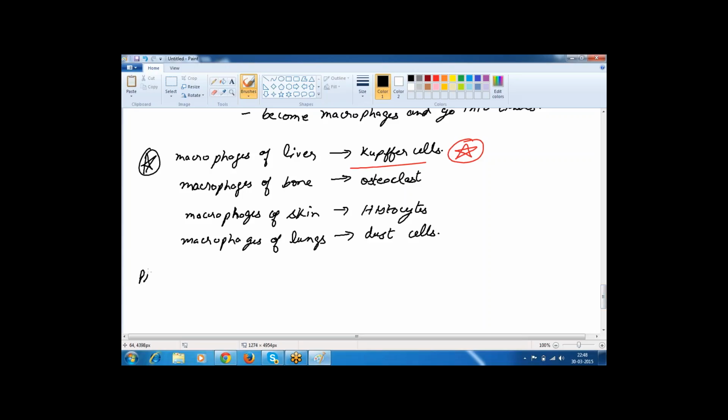Then we've got platelets. Platelets, their precursor cells are called megakaryocytes.